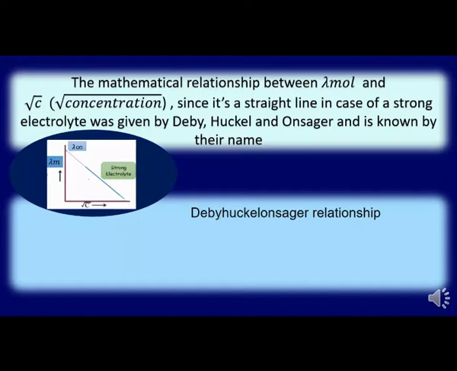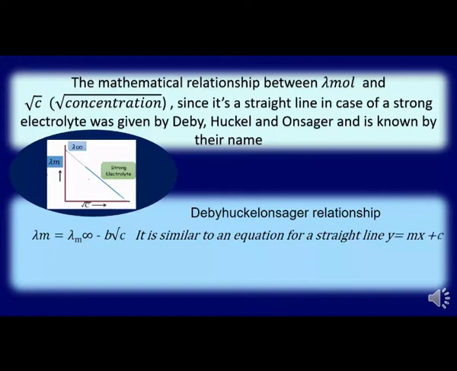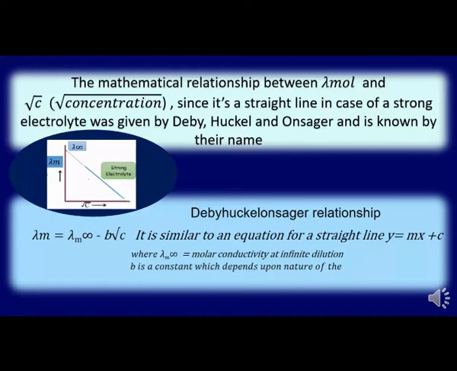You know the equation for a straight line: y is equal to mx plus c. In this case, y is lambda m, x is root c. The slope is minus b because it is negative. And the intercept on the y-axis when x is equal to 0 is lambda infinity.